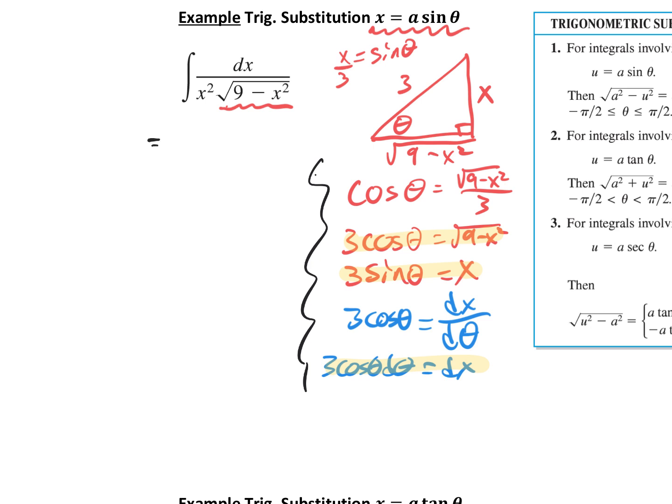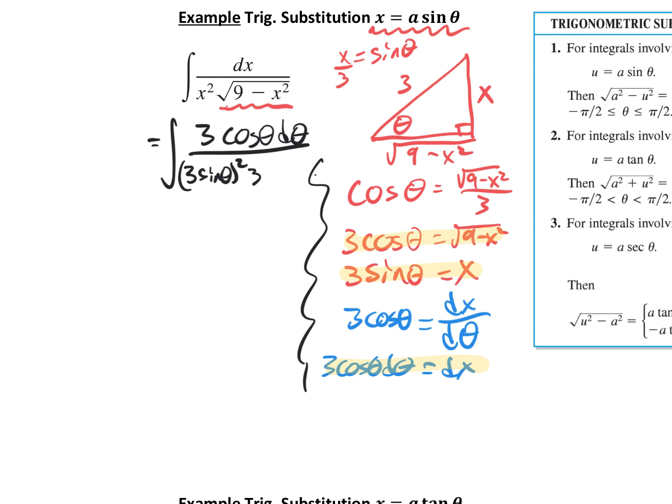Okay, so now we're ready to substitute. dx is 3 cosine theta d theta. We said x was 3 sine theta, so we're going to replace that with 3 sine theta squared. Don't forget this little squared there. And this square root is 3 cosine theta.